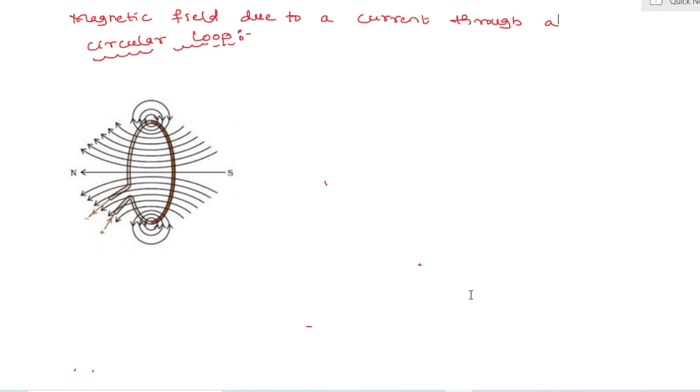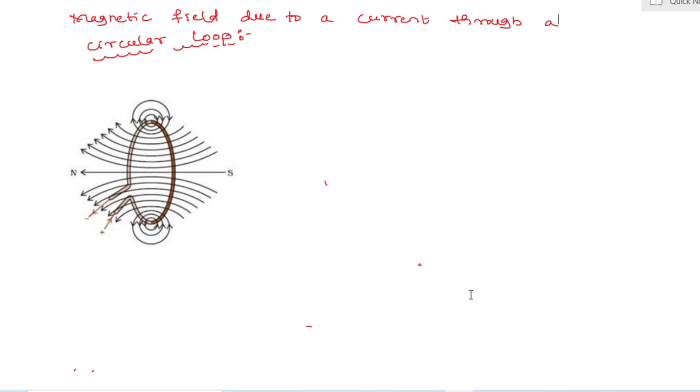And properties of magnetic field lines. There are totally 4 properties of magnetic field lines. First, they originate from the north pole of a magnet and end at its south pole by convention. Second, these lines are closed and continuous curves.